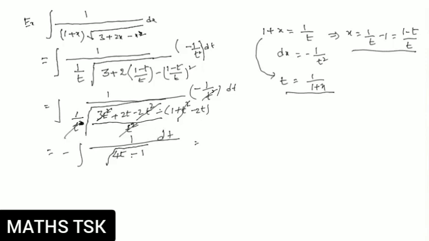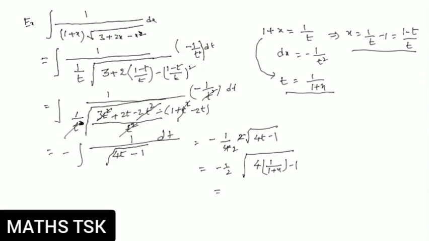What is the integral of 1 by root of (ax plus b)? Minus, I write it as by 4, so that I can treat it as x, 1 by root x, formula 2 root x. 2 root of (4t minus 1), the 2 gets cancelled. So the answer is minus 1 by 2 into root of 4 into t, which is 1 by (1 plus x), minus 1.